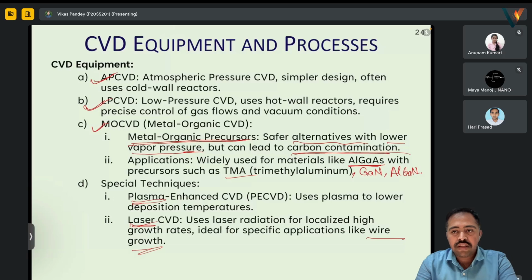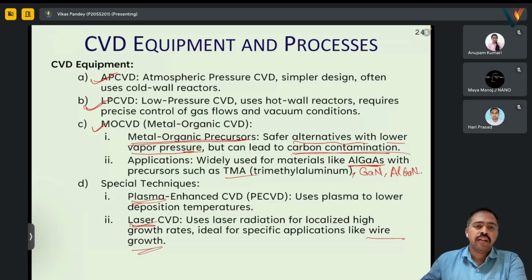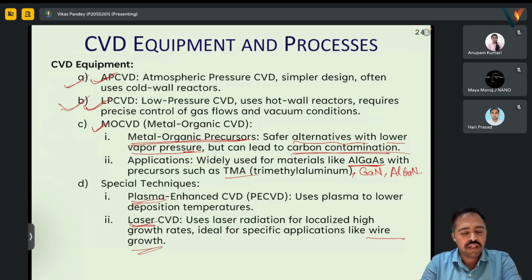Especially in India, we have a very limited number of MOCVD systems. APCVD you will very commonly find. LPCVD also you can find. In IITs, LPCVD is mostly there. IISc has MOCVD. I'm not sure whether MOCVD or MBE is there.